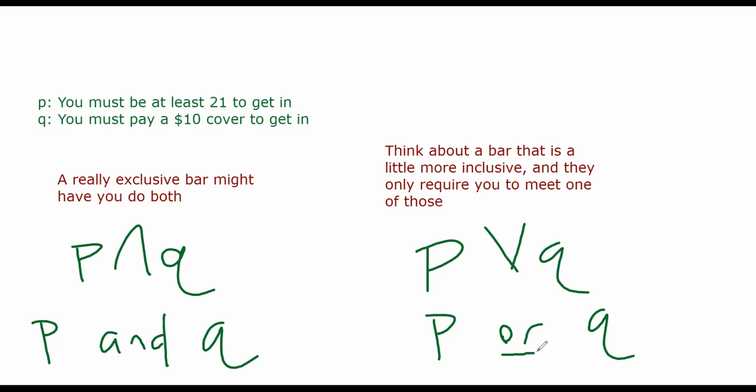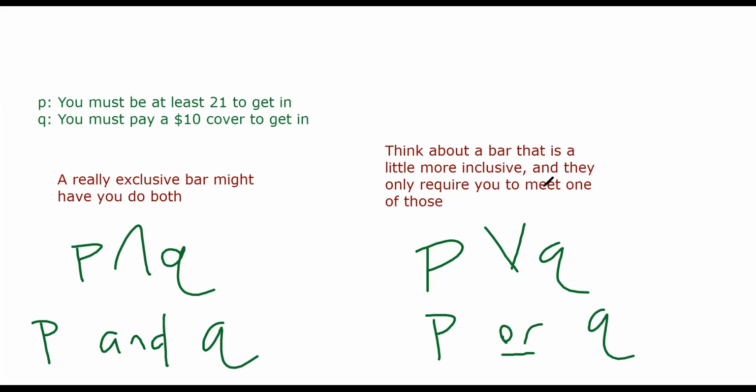What's really interesting is if you go to a bar, let's say you're 25 years old, like I was 6 years ago, and you're willing to give them $10 in cover. Do you have to do it at this second bar? No. In this bar, you don't have to both be over 21 and give them $10. But if you give them $10 and you're 25, are they still going to let you in? Yeah.